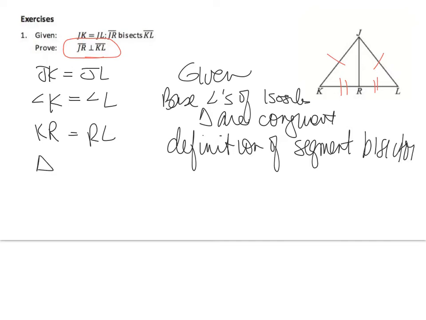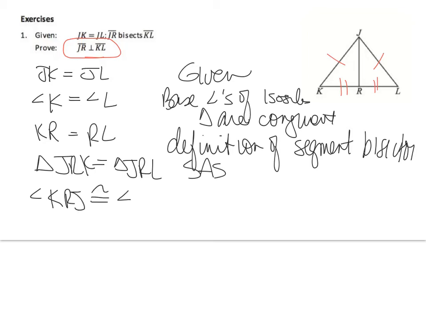So we know that triangle JRK is congruent to triangle JRL because of SAS. Therefore, we know that angle KRJ is congruent to angle LRJ because corresponding parts of congruent triangles are congruent.